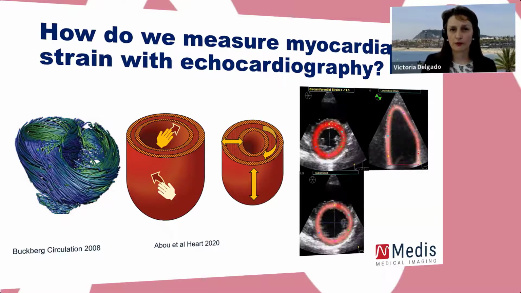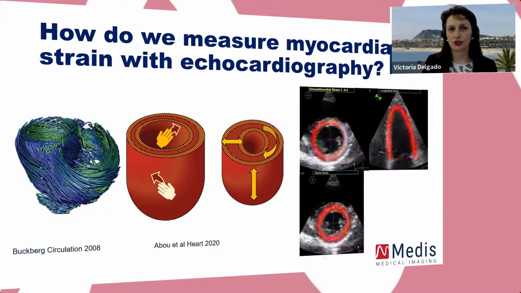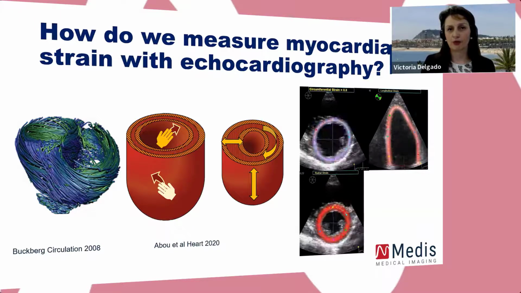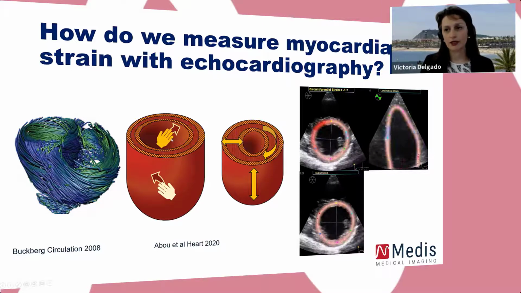When we use two-dimensional strain imaging, so speckle tracking mainly, we take into consideration the myocardial fiber disposition. And we know that the myocardium has a subendocardial and subepicardial helix. We have the subendocardial right-handed helix and the subepicardial left-handed helix.